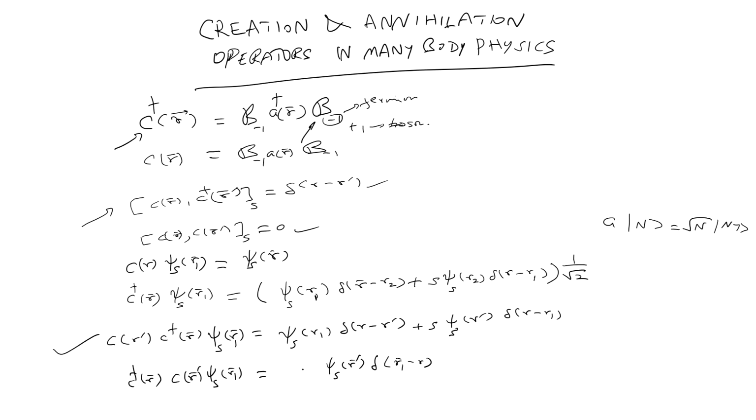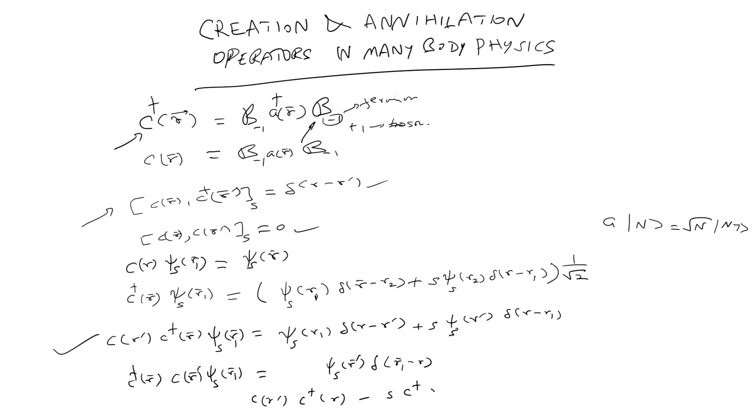Now what I'm going to do is multiply this by s and subtract. I'm going to first multiply the second equation by s and subtract.